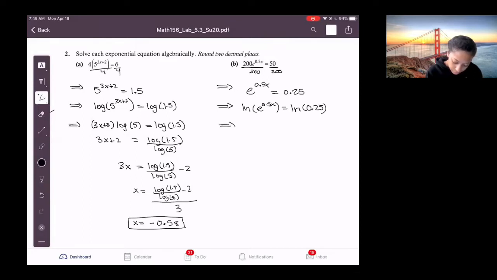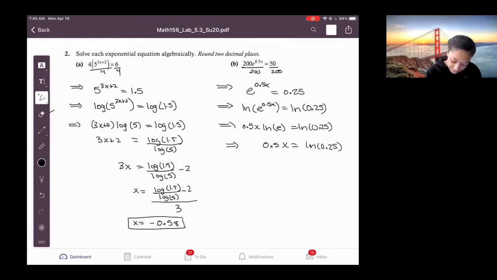Then from here, if we bring down the exponent, 0.5x times ln of e equals ln of 0.25. Now, ln of e, that term just simplifies to 1. So this is 0.5x is ln of 0.25.